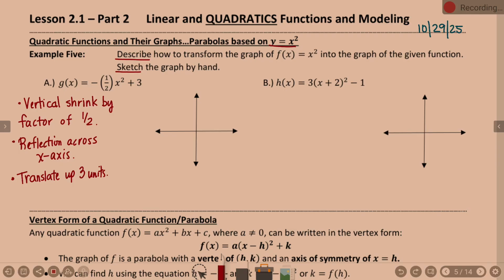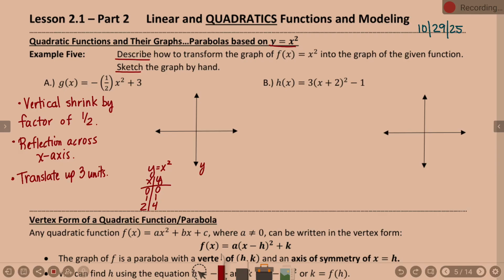So y equals x squared was the idea of 0, 0, 1, 1, and 2, 4, a basic parabola.